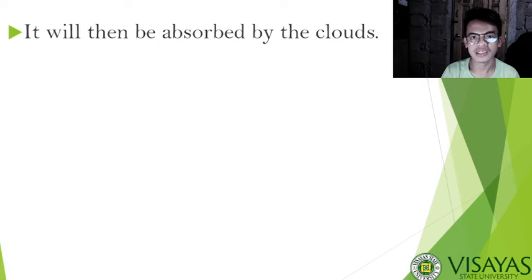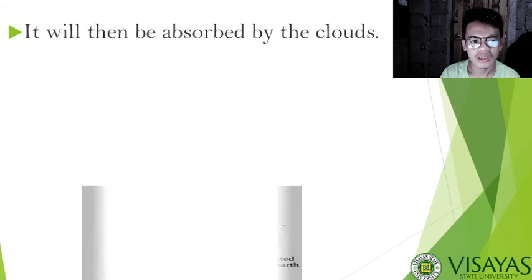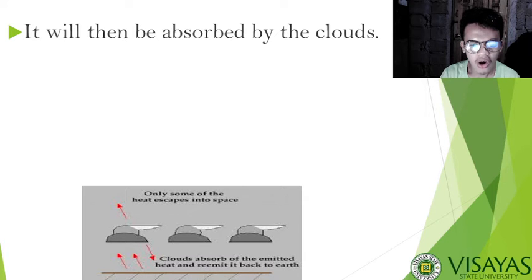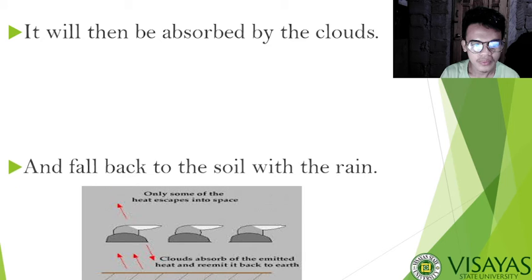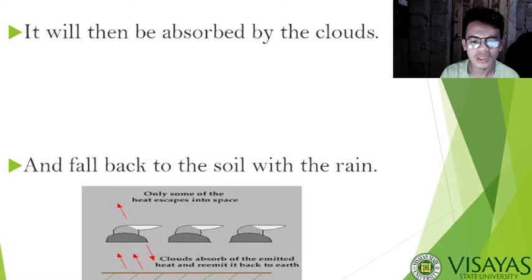For the second stage of the sulfur cycle, it will then be absorbed by the clouds. Only some of the heat escapes into space, and the sulfur falls back to the soil with the rain.